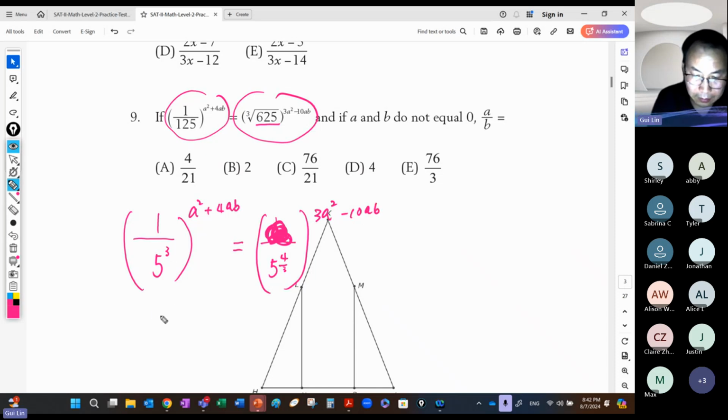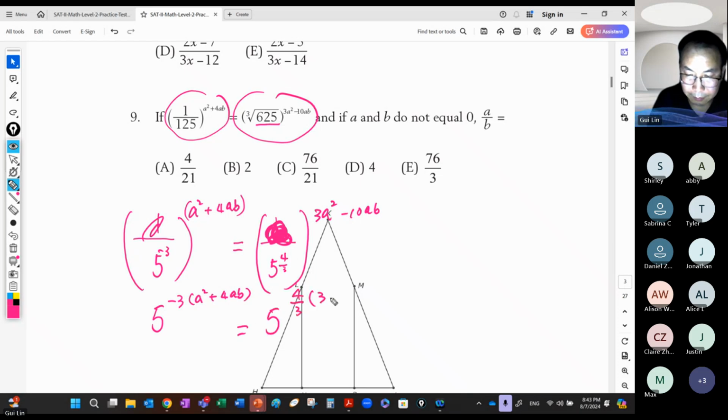What about this part? We make this base 5. So here it became negative, right? So negative powers rule. So we change it into like this. Is it correct? What about this part?